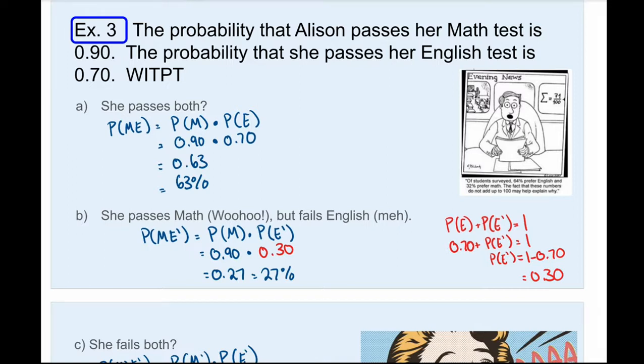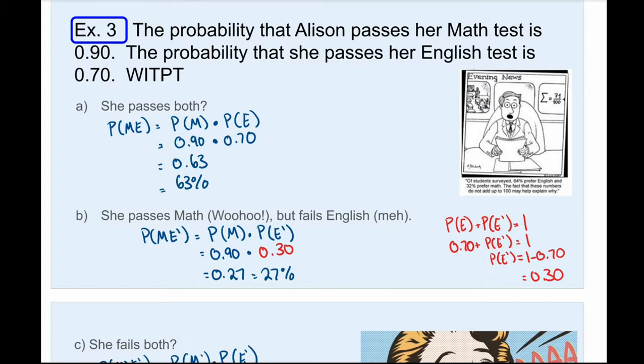Her passing math does not affect or change the outcome of her passing English. 2 separate events, they're not connected. So if she passes both, what's the probability of that occurring? Because they're independent events, we multiply the probability of her passing math times the probability of her passing English, which we're already given, and we get 63%. So there's a 63% chance that she's going to pass both.